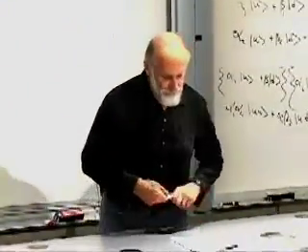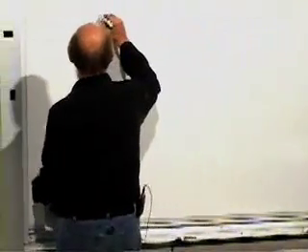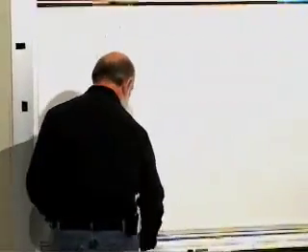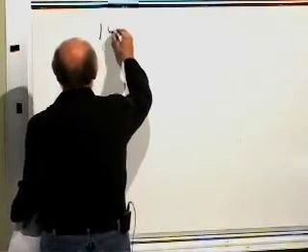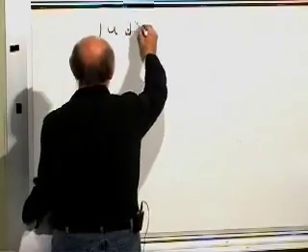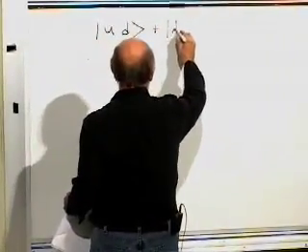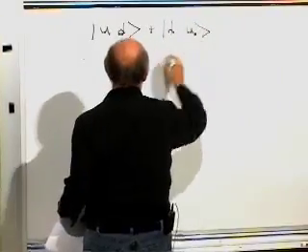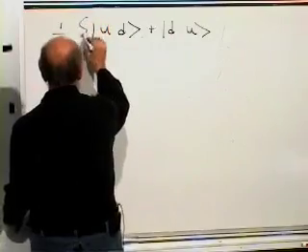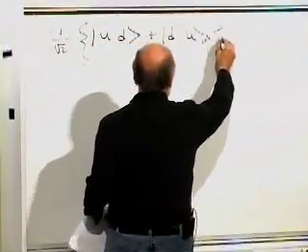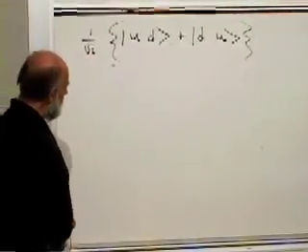It's very simple. One electron is up, the other electron is down, and you add to that the first electron down and the second electron up. Of course, you'll have to put a 1 over square root of 2 to normalize it. But the 1 over square root of 2 is not going to play any role in what I say.